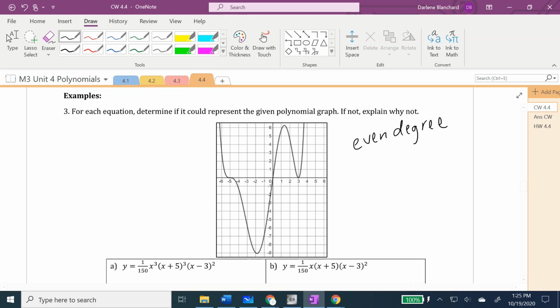And what does it tell you about the leading coefficient?